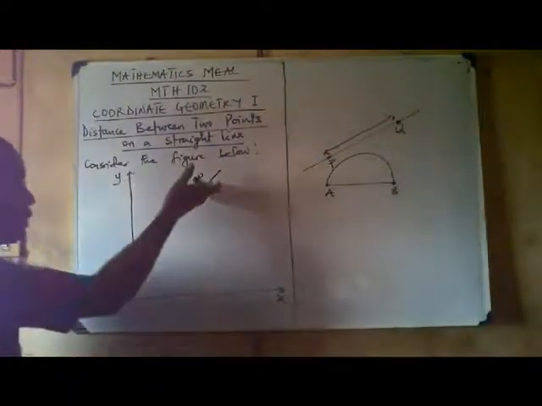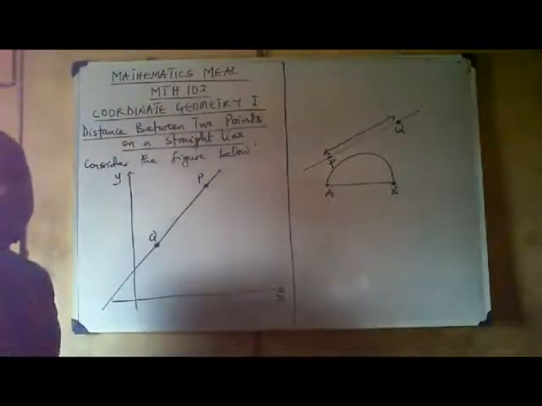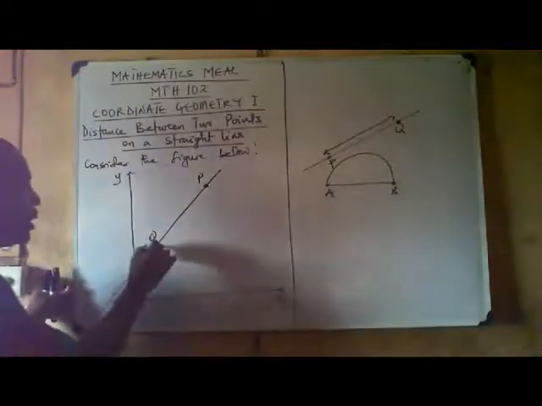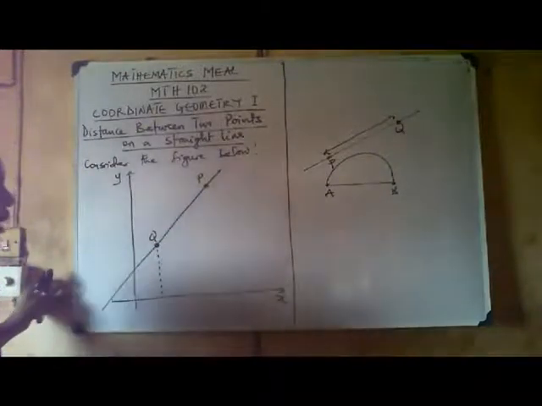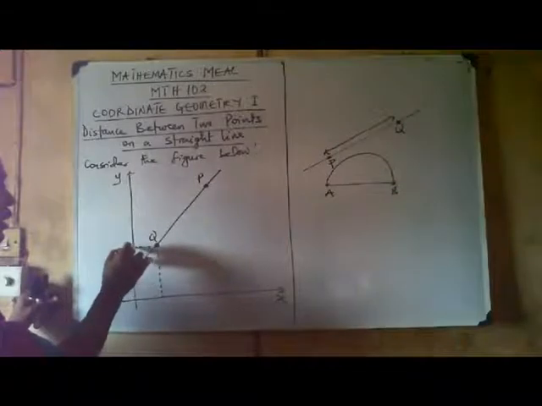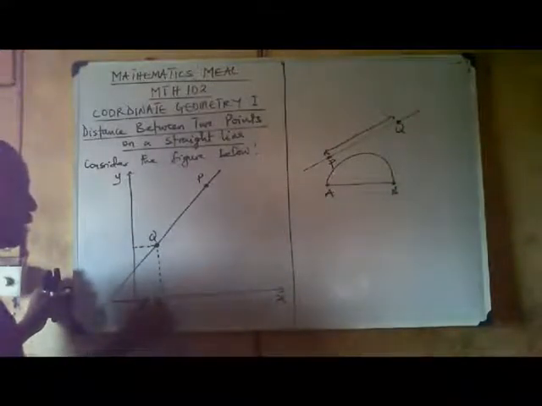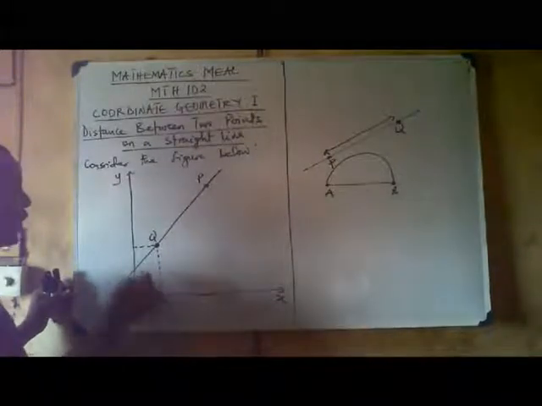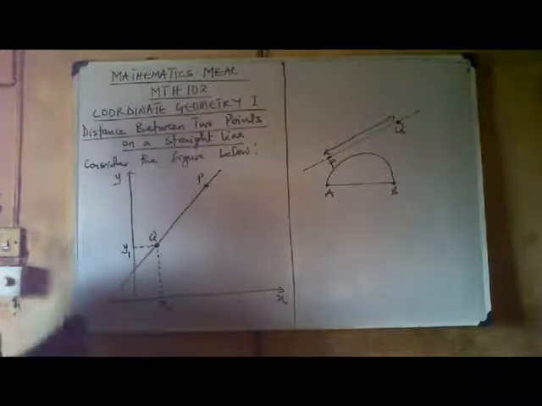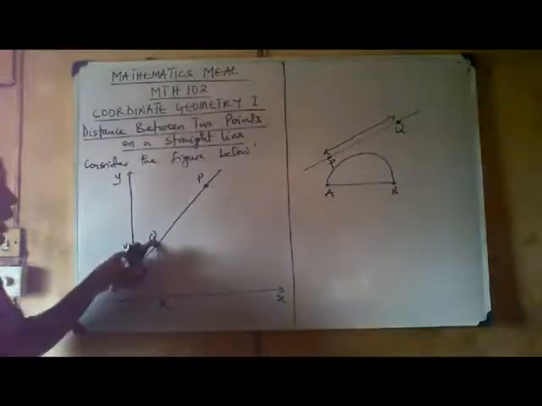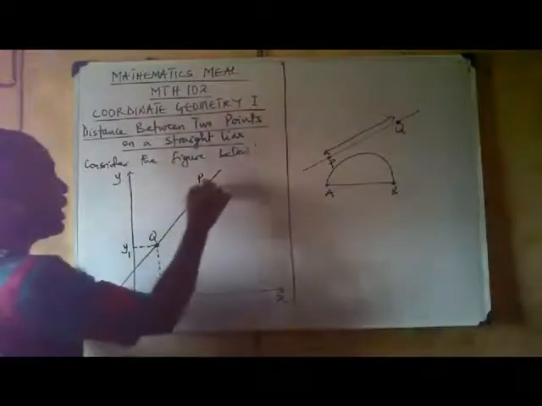So we want to find the distance between P and Q on this straight line. Now, for us to locate P and Q here, we have coordinates. Q is at a certain value of x, which I may refer to as x1, and also at a certain value of y, which I may call y1. So here at Q we have an ordered pair. The same thing applies here.